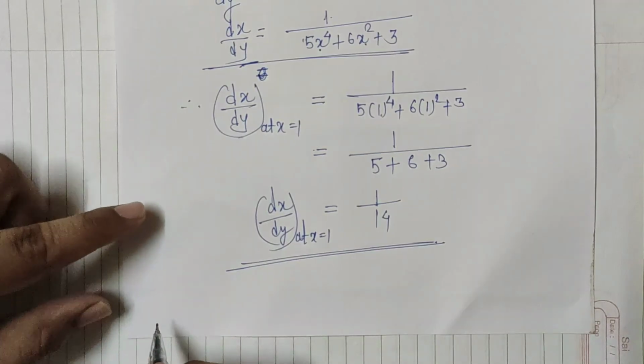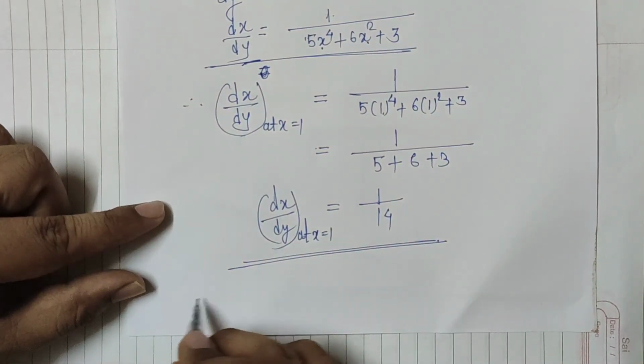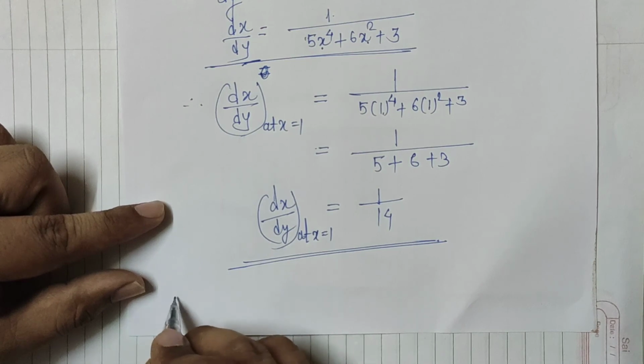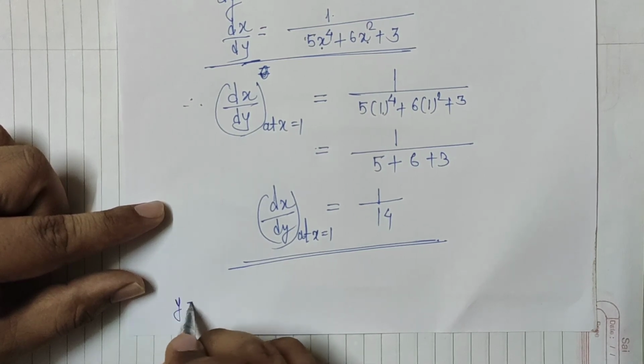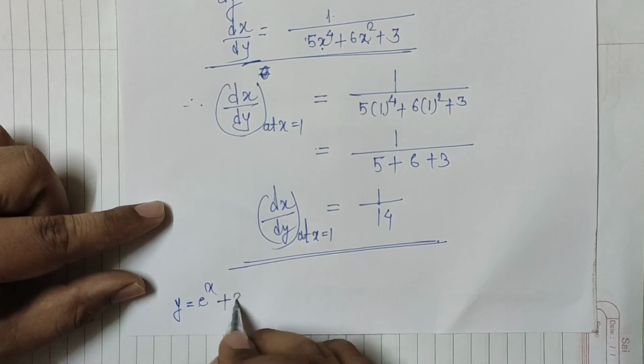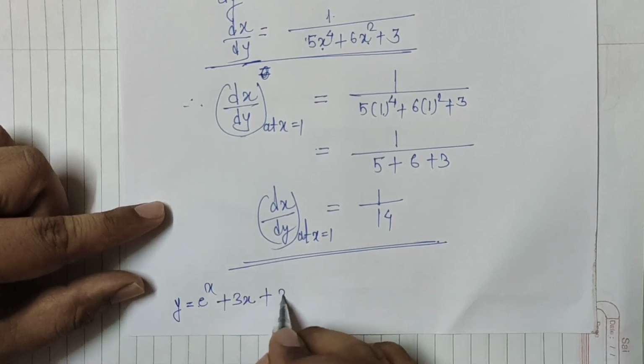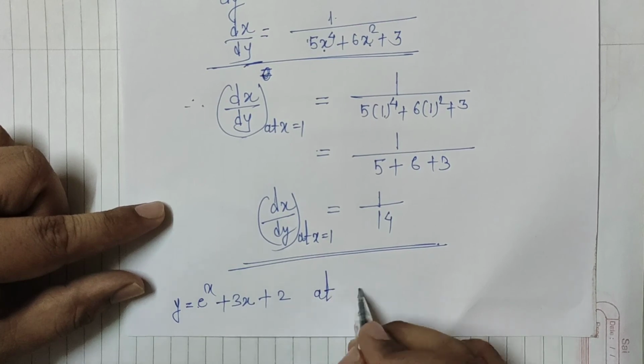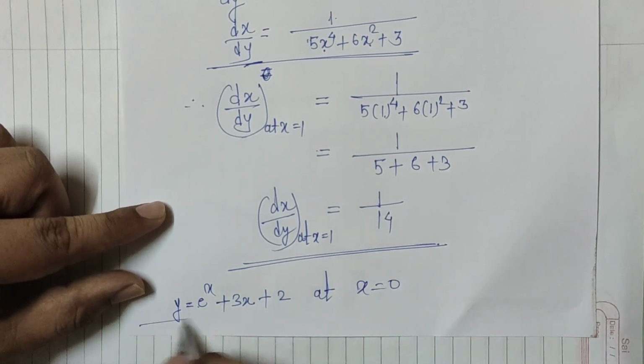Then take the next example as homework. Find its derivative: y is equal to e raised to x plus 3x plus 2 at the point x is equal to 0.